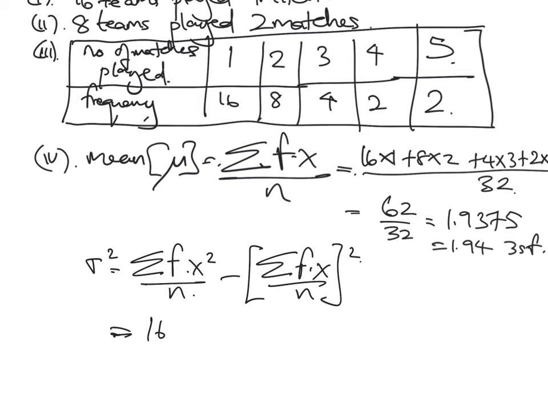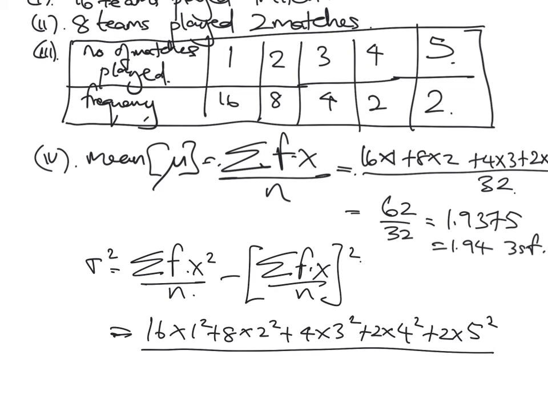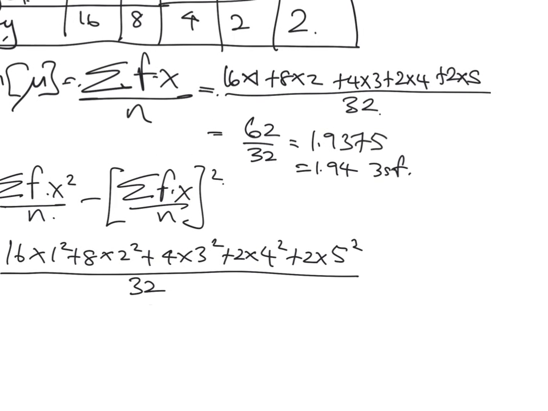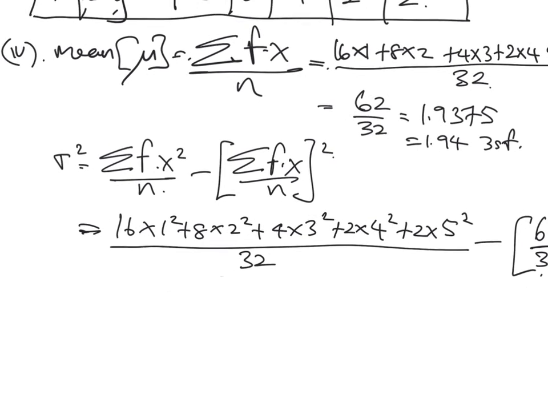So it's 16 times 1 square plus 8 times 2 square plus 4 times 3 square plus 2 times 4 square plus 2 times 5 square. Divide that by n, which is 32, and then minus, we already have 62 over 32, which is the expected value. And you square that.